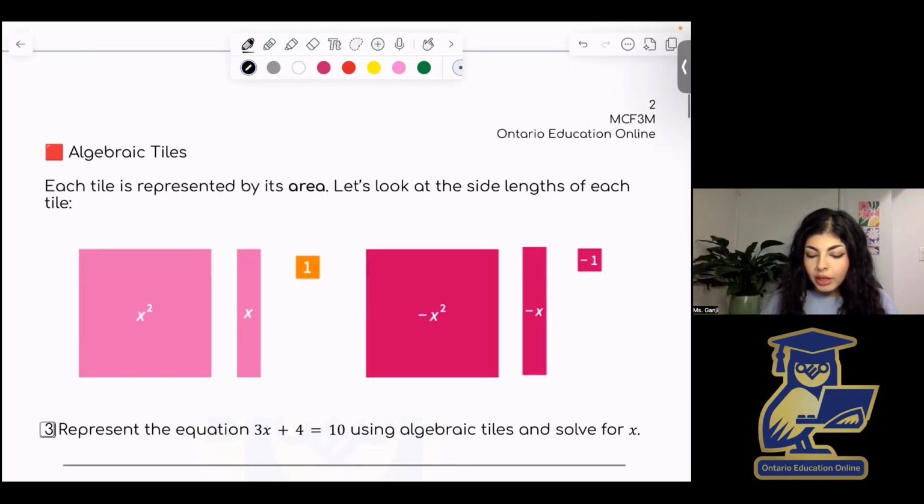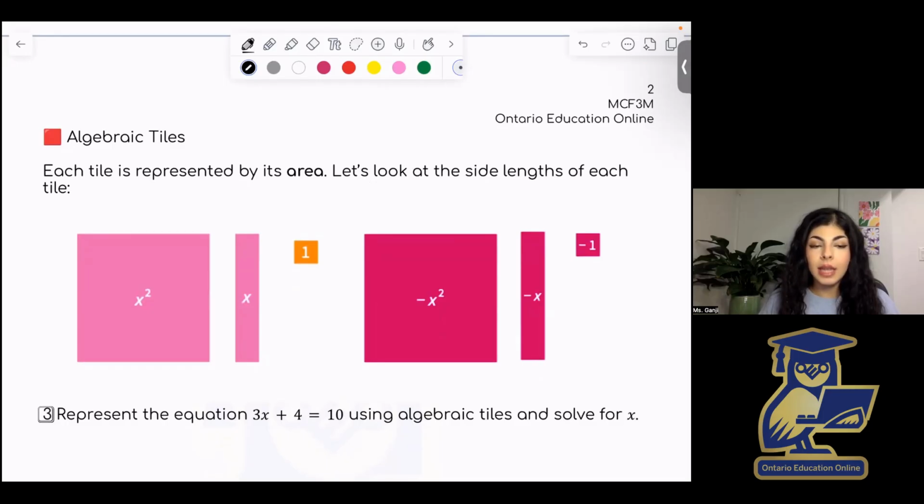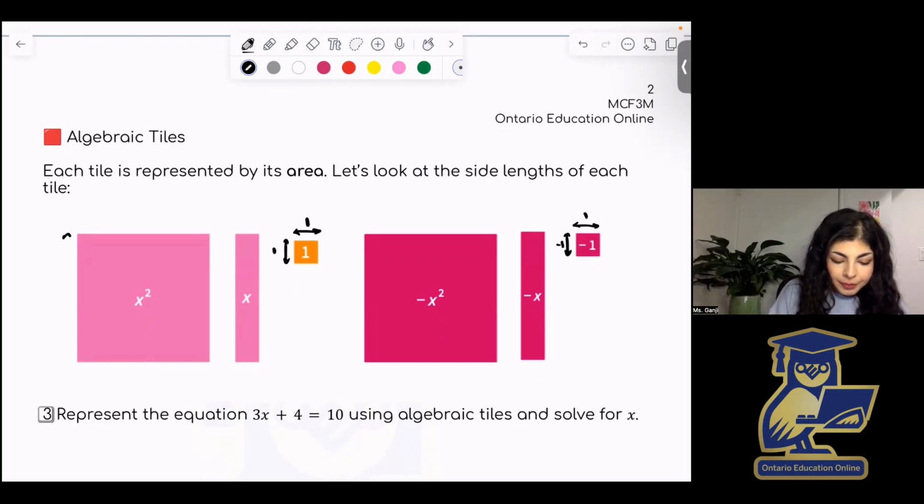So these are the main 6 tiles that we have. So again, each of these have a width and a length. So here we have a square that's 1 by 1. And here we would have it as 1 and -1. And my x squared, again, has x and x.